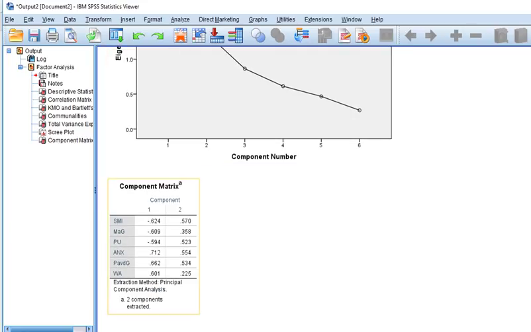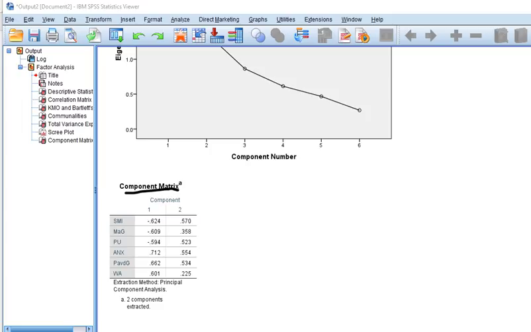You can see right here down below we have a component matrix, and the component matrix contains correlations between each of our measured variables and the components, and we can try to name those based on the pattern of loadings.